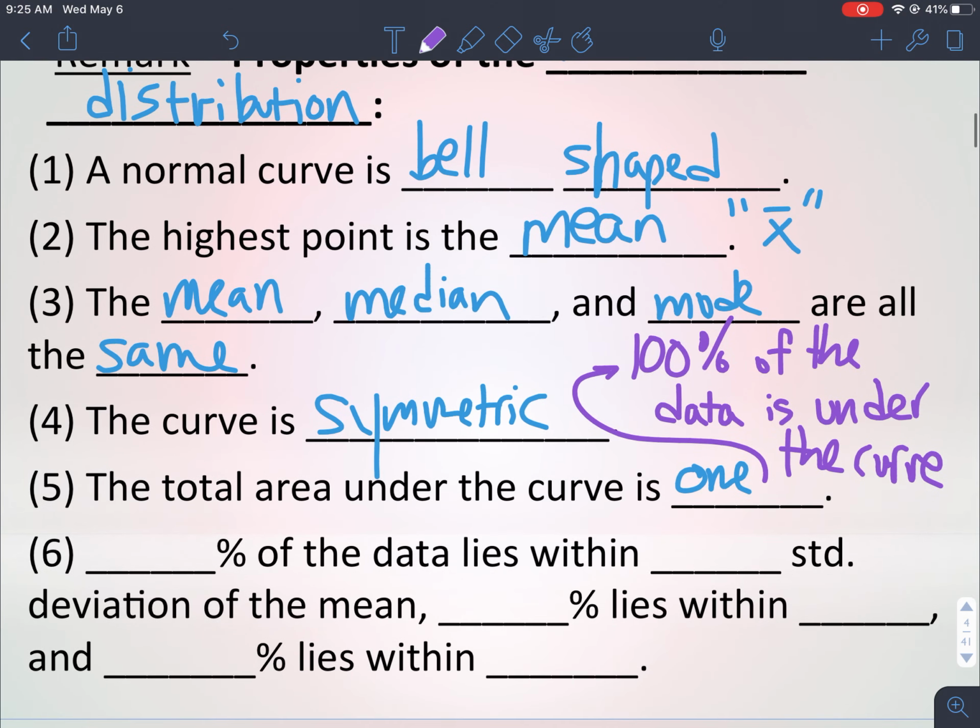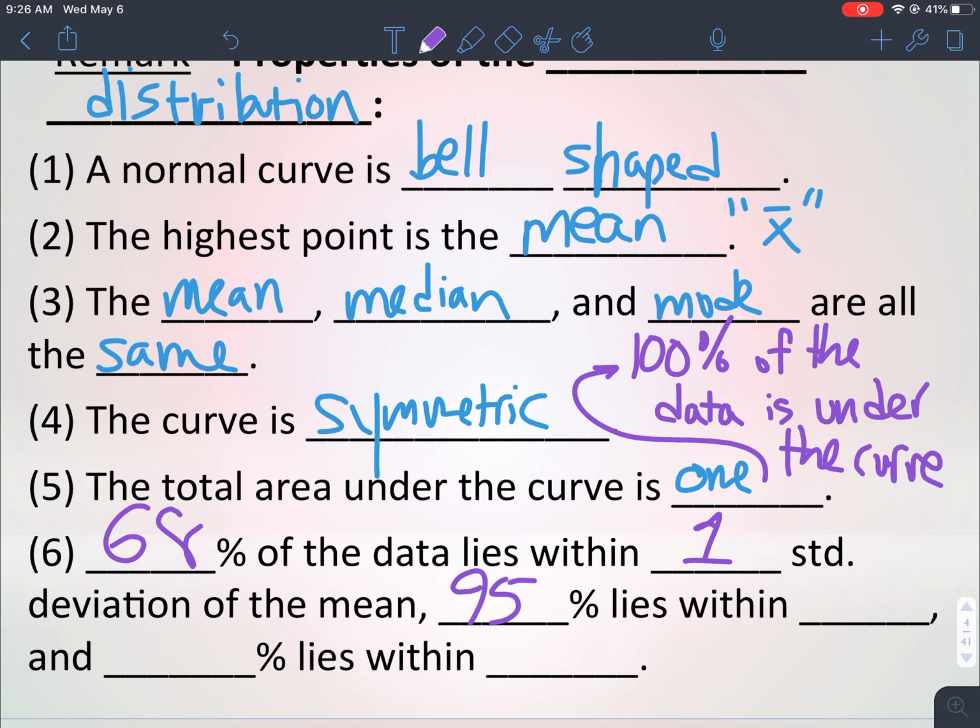Now, finally, 68% of the data lies within one standard deviation of the mean. 95% of the data lies within 2 standard deviations, and 99.7% lies within 3 standard deviations.